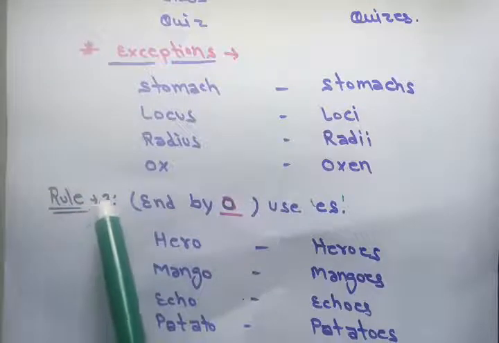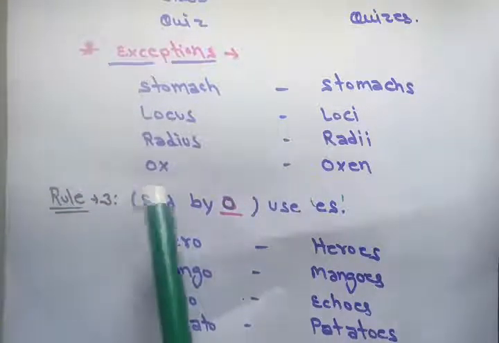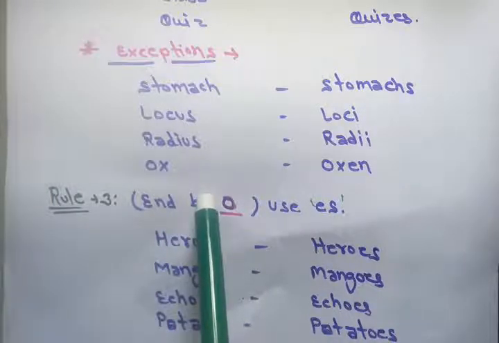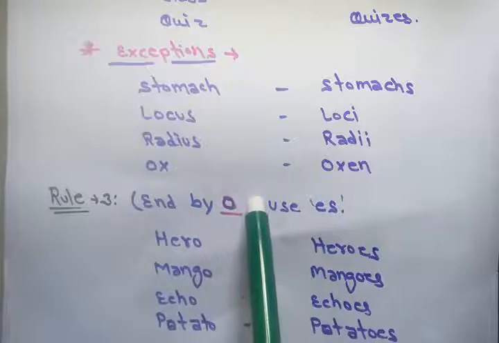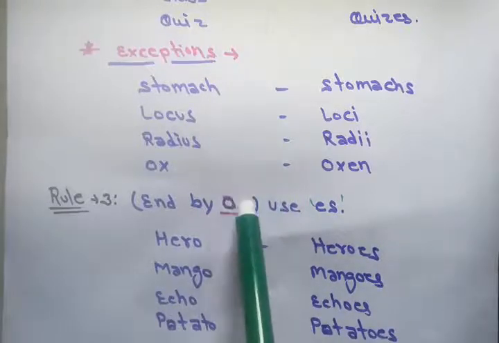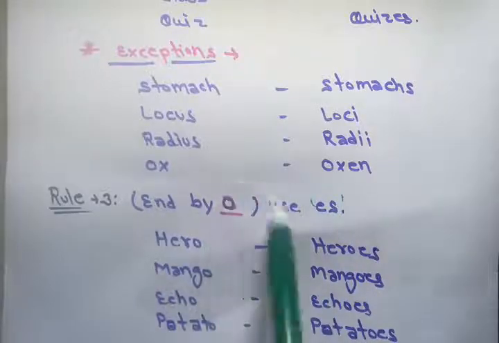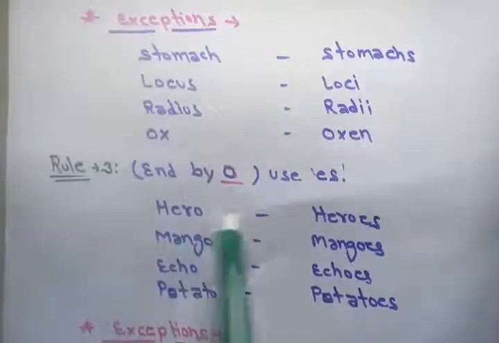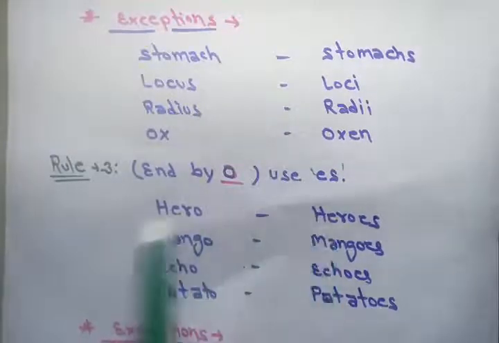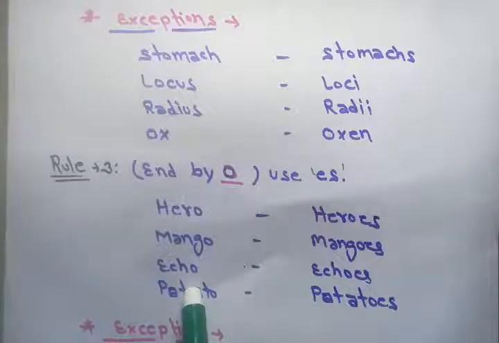Then rule number three: few nouns that end in o and have a consonant preceding it are made plural by es, and after a vowel before o we use s. For example, hero, heroes; mango, mangoes; and potato, potatoes.